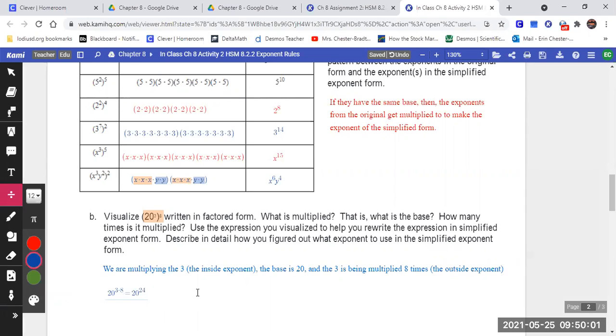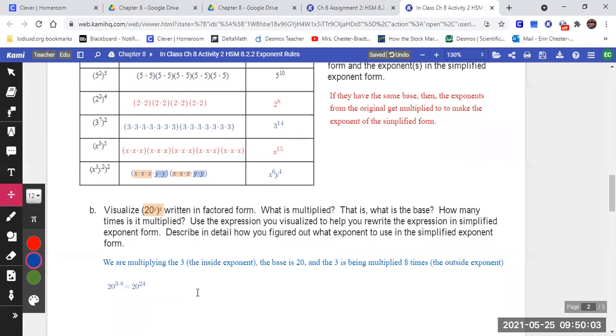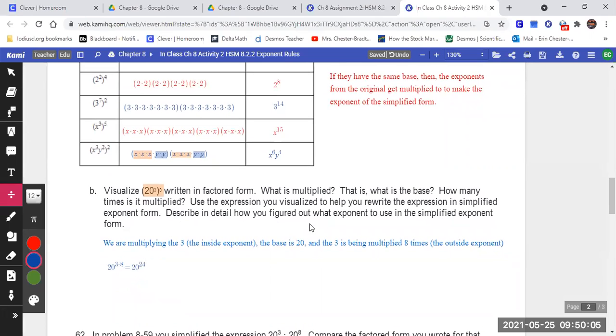Okay. So we're going to describe in detail what we did. We're going to make it generic now.